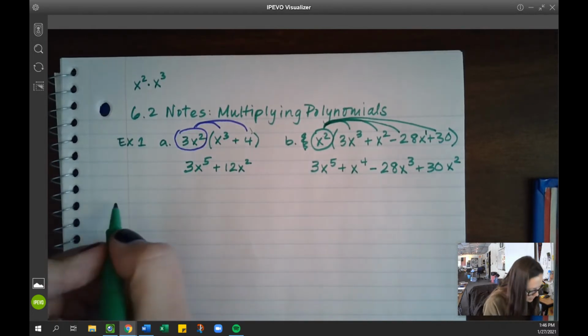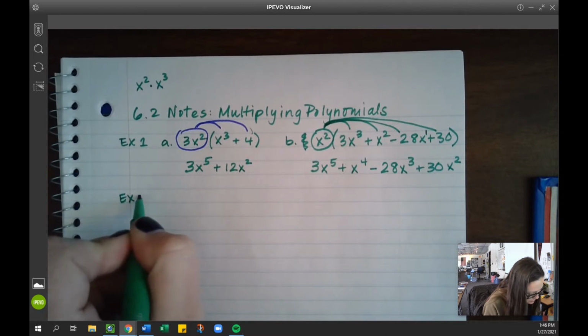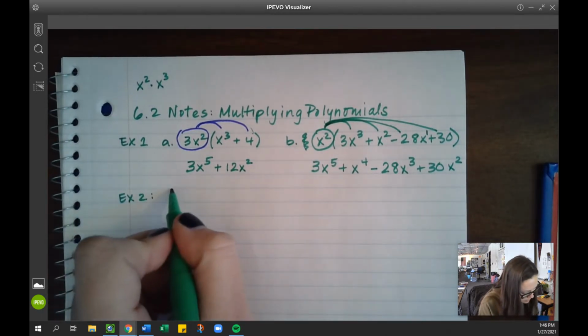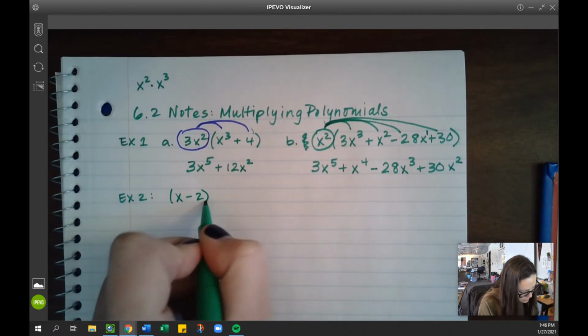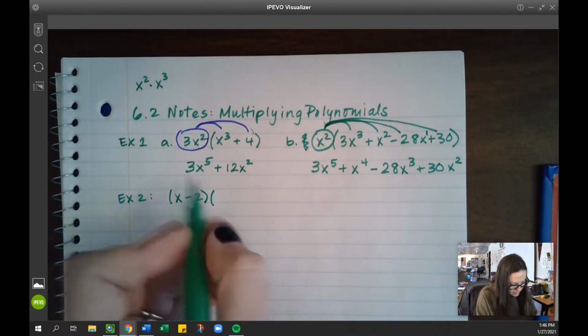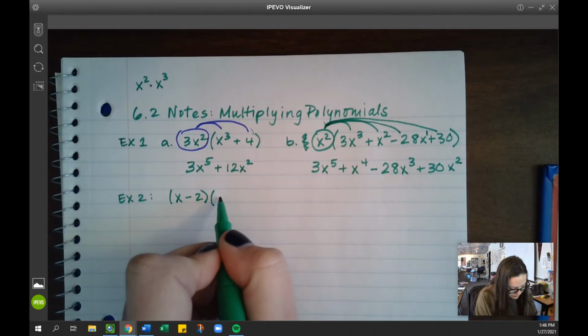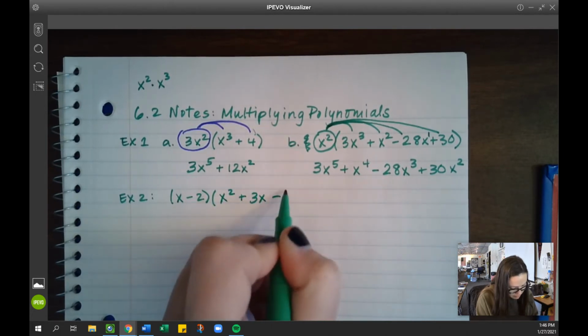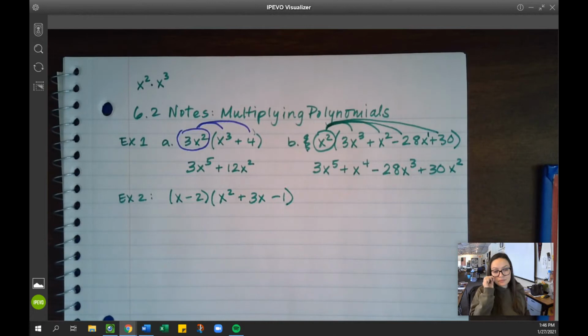All right, moving on. Example 2. X minus 2 times x squared plus 3x minus 1. Okay, so what are we doing here?